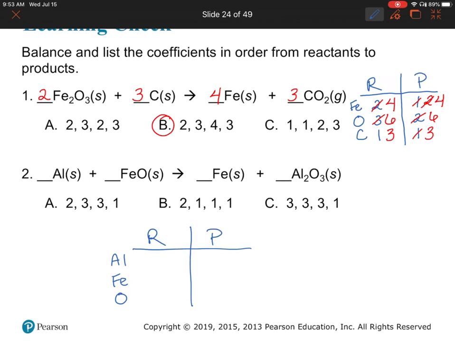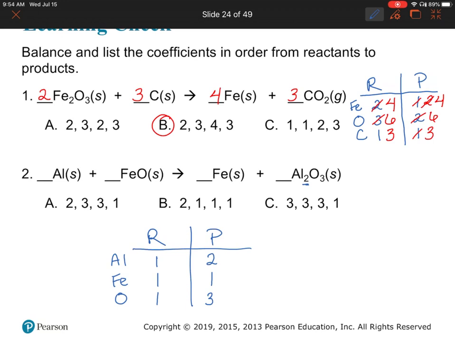Now I'm going to count how many I have on each side. For aluminum, I have 1 on the reactant side and 2 on the product side. I got that from the subscript. For iron, I have 1 on each side of the arrow. And oxygen, I have 1 on the reactant side and 3 on the product side.